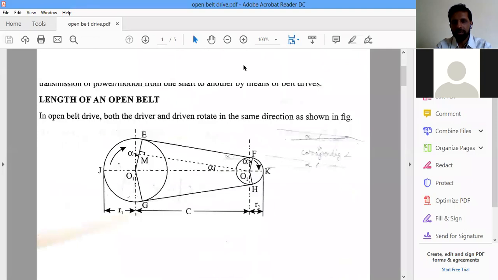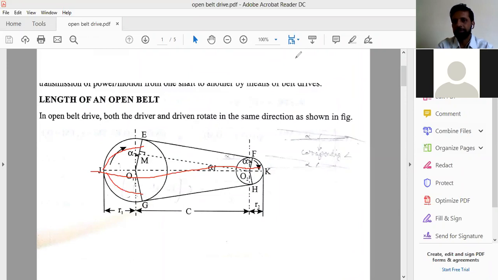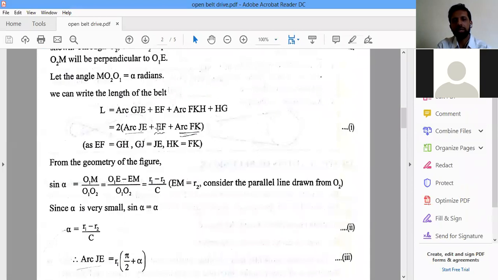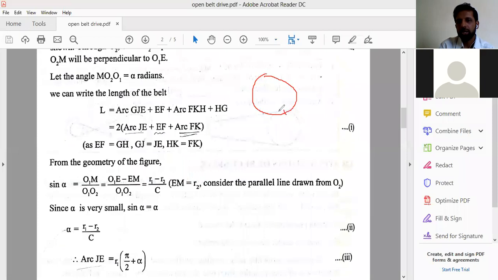So what we are going to do is take only half of this, only the upper half. Once we know that, we can get the other half. If I have J to E, I know that if I take the mirror image, it is going to be equivalent to G to J also, right? So we'll take only one half into consideration to simplify this equation. Now we have G here, the center of the pulley, J is here, E is here.